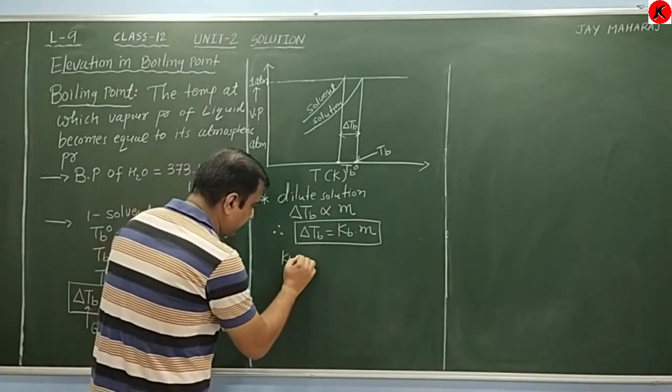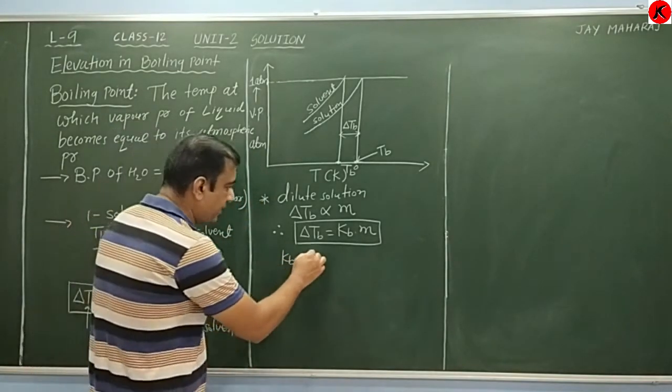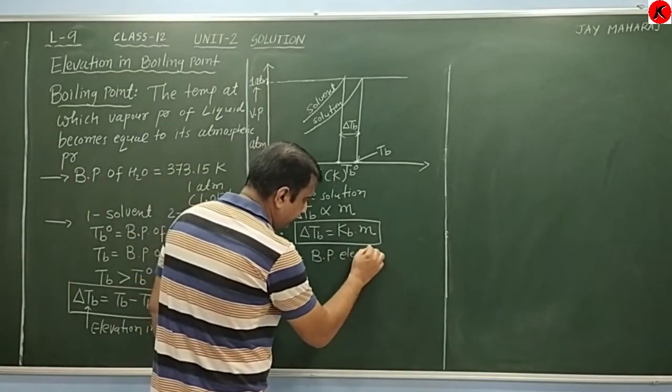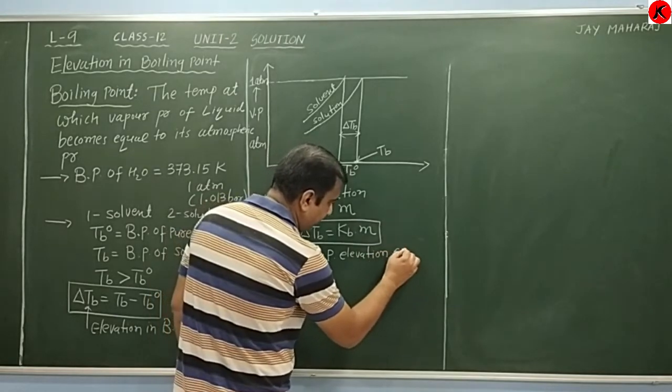So Kb is known as the boiling point elevation constant.